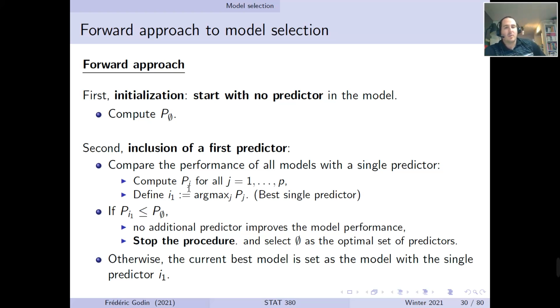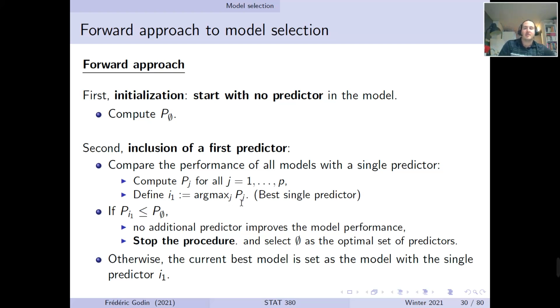And then, among all these possible predictors, we will define i1 as the maximizing argument of Pj. So here, this is not max, this is argmax. So argmax means select the j which maximizes Pj.